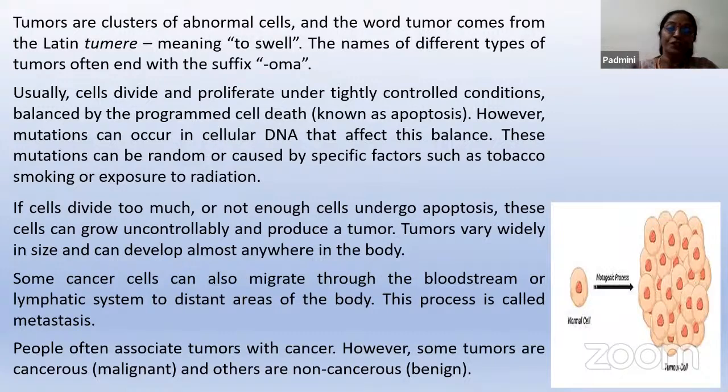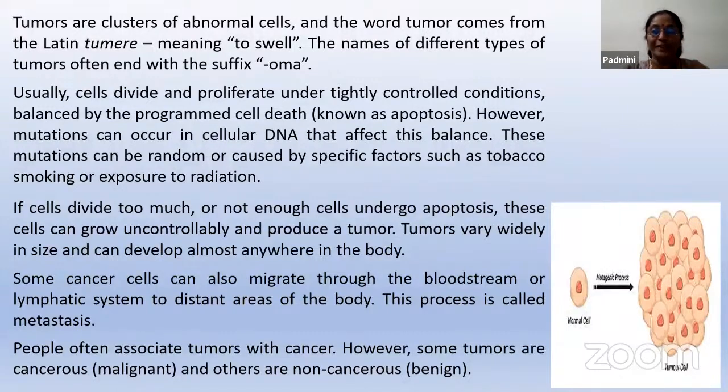People often associate tumor with cancer. For example, you must have heard some people saying that they are suffering from a tumor. The moment you hear tumor, you shouldn't get confused between a benign tumor and a malignant tumor. You have to first confirm whether that tumor is benign or malignant, because a benign tumor is not going to form a cancer, but a malignant tumor can definitely become cancerous.